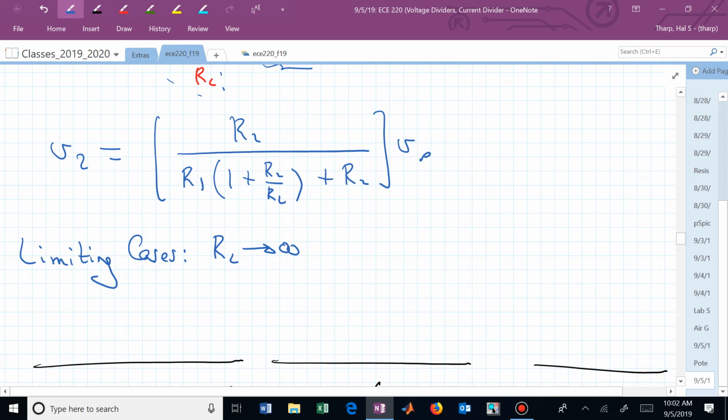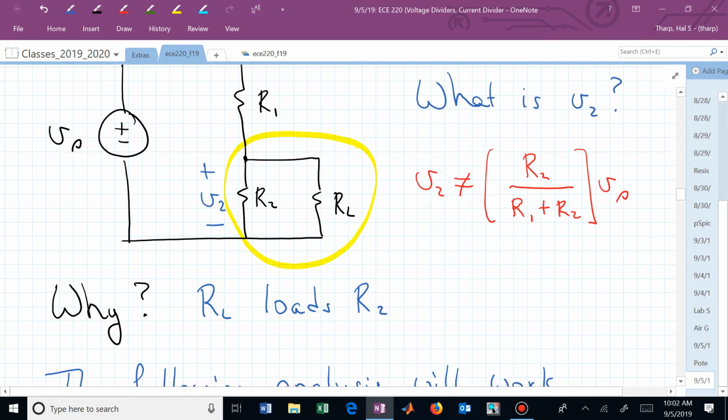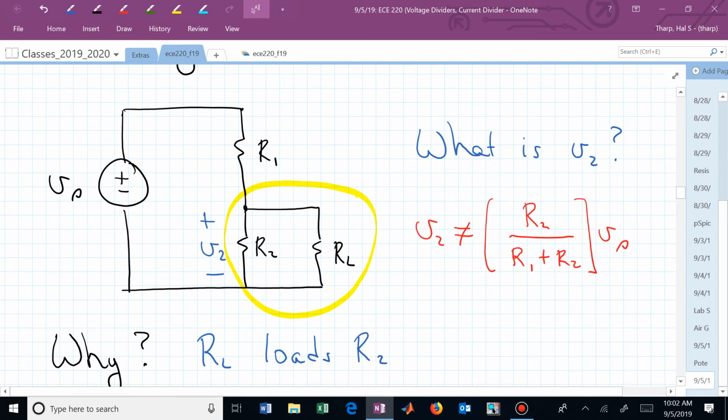What's it mean for a resistor to go to infinity in this case? If R sub L goes to infinity, what does that really look like? If R sub L gets really, really big, what happens?